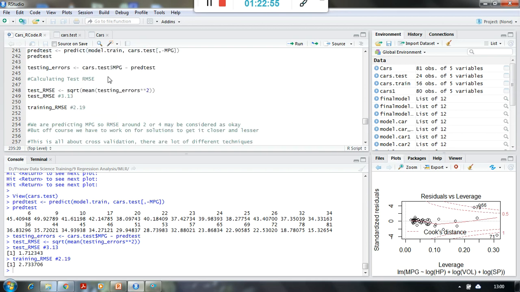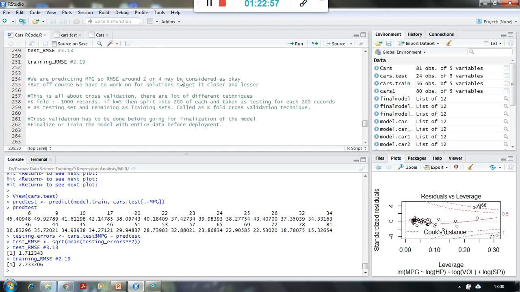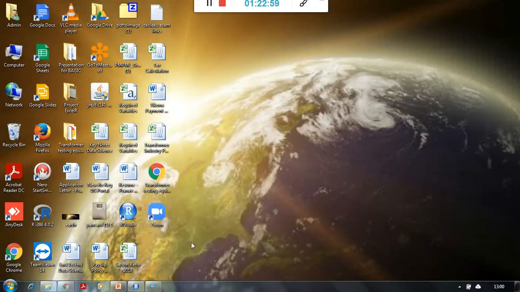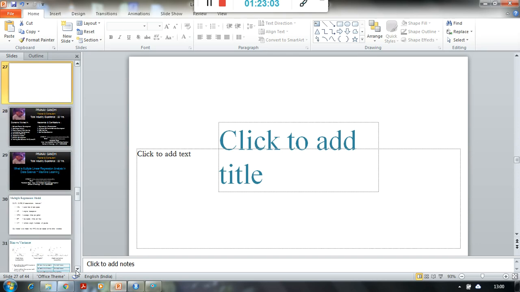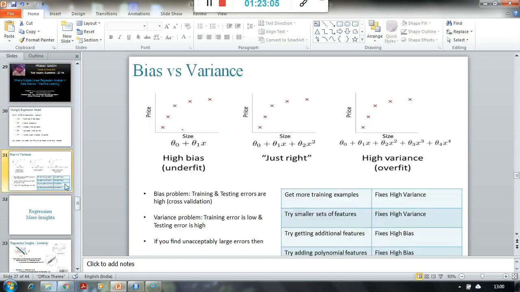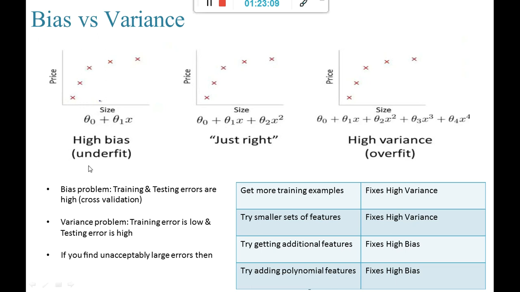All right. So this is all for today's session. We have learned, and also seen, the bias versus variance problem, which is underfitting and overfitting. If we have a bias problem, then training and testing errors are high.